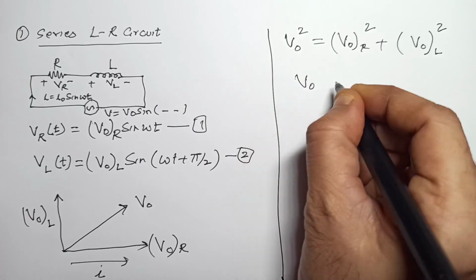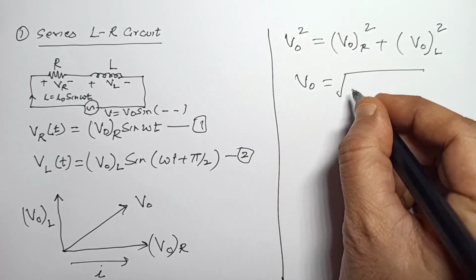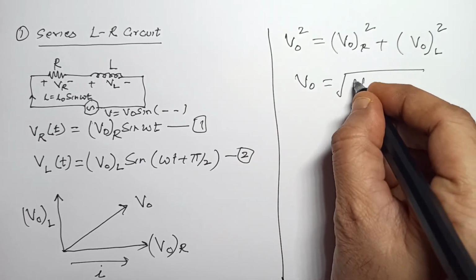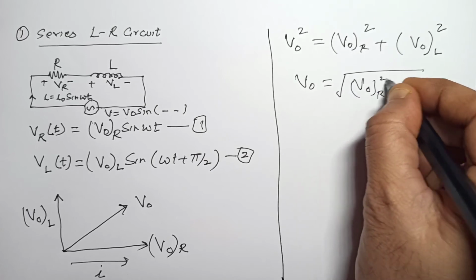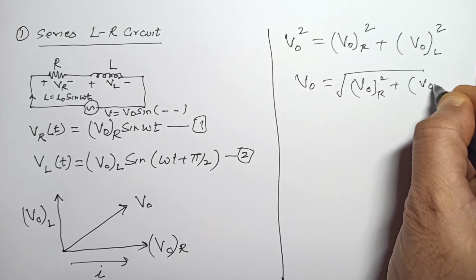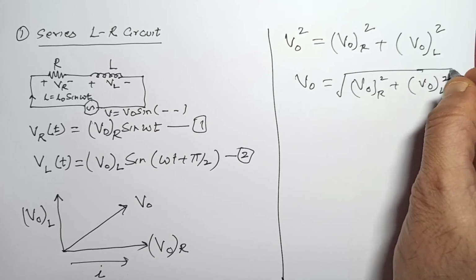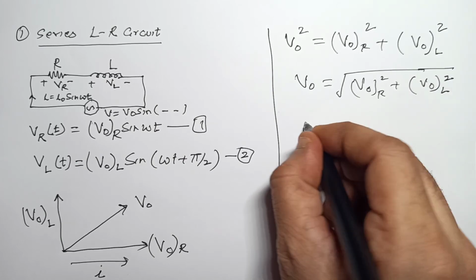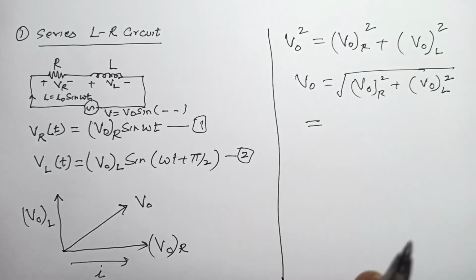Further, I can say V naught is equal to the square root of V naught R square plus V naught L square, correct? Now, after this step, note it.